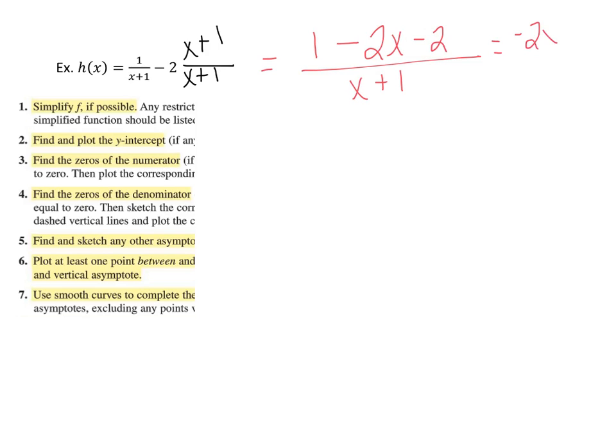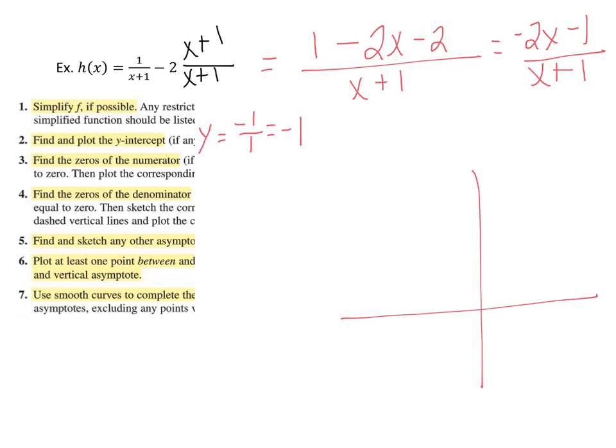So negative 2x minus 1 over x plus 1. Plot the y-intercept. So when I plug in x equals 0, I'm going to get y equals negative 1 over 1, which is negative 1. So there's my y-intercept.